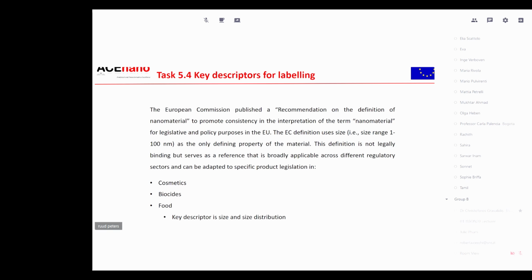Our last group in which we are interested is labeling. And labeling is important because nanotechnology is an enabling technology which uses the novel properties of materials with nanoscale dimensions or structures. And this means that the use of nanotechnology presents manufacturers, retailers, and consumers with new opportunities, but also with potential risks.